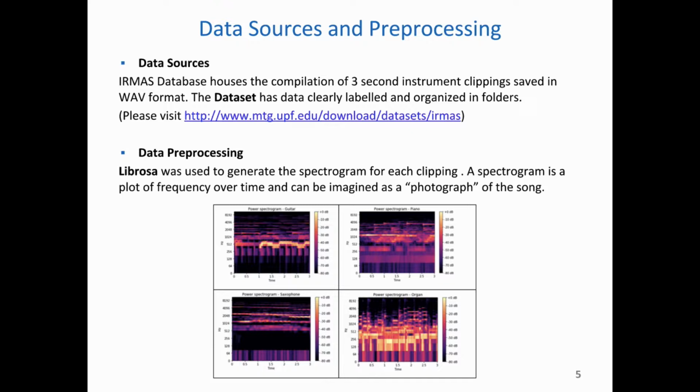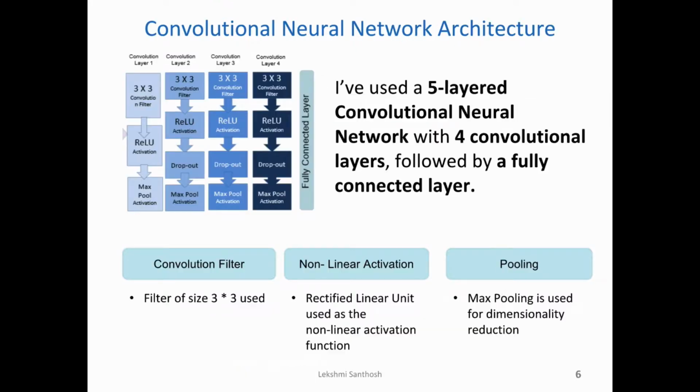And also, this spectrogram was additionally processed to rescale it to the MEL frequency, which is the frequency at which humans perceive sound. So we are trying to simulate human hearing as much as possible in the pre-processing stage.